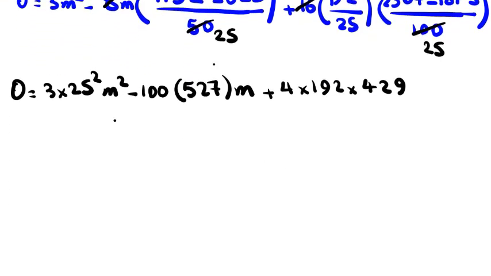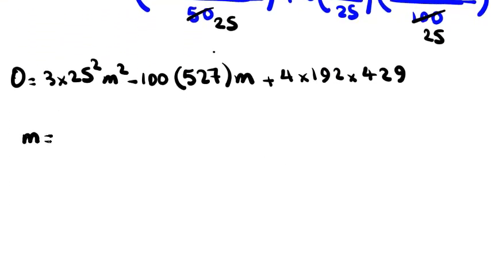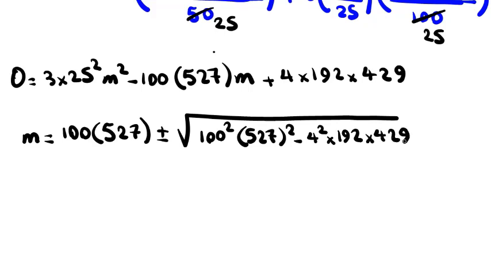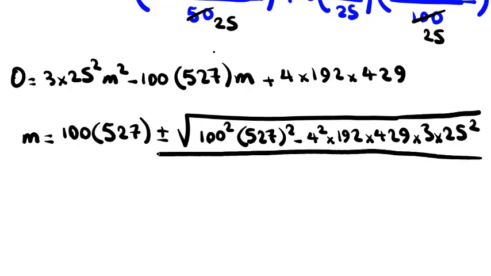If we use the quadratic formula to find m equals negative b, 100 times 527, plus minus the square root of b squared, 100 squared times 527 squared, minus 4ac, which will be 4 squared times 192 times 429 times 3 times 25 squared, all over 2a, which will be 2 times 3 times 25 squared.